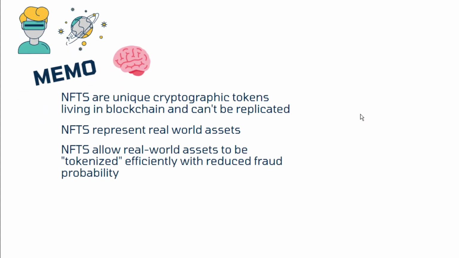I want you to remember this: NFTs are unique cryptographic tokens living on the blockchain and can't be replicated. They represent real-world assets, which can be real estate, music, images, gifts, movies, and more. NFTs allow real-world assets to be tokenized efficiently with reduced fraud probability.